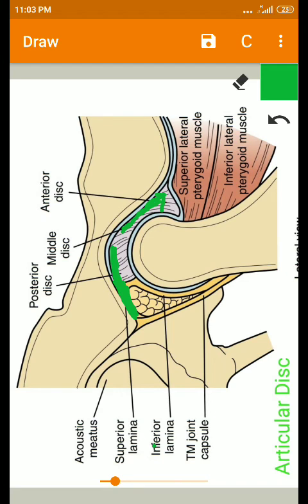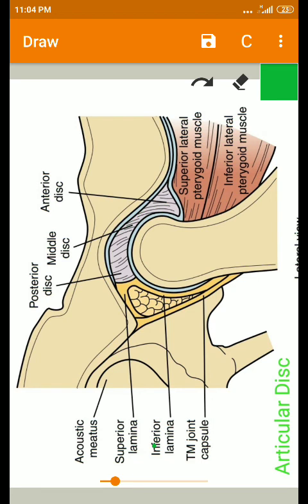During that time these fibers are going to stretch, and because of their elastic properties they come back and reposition the articular disc into its normal position during mandibular elevation, that is nothing but closing of the mouth.